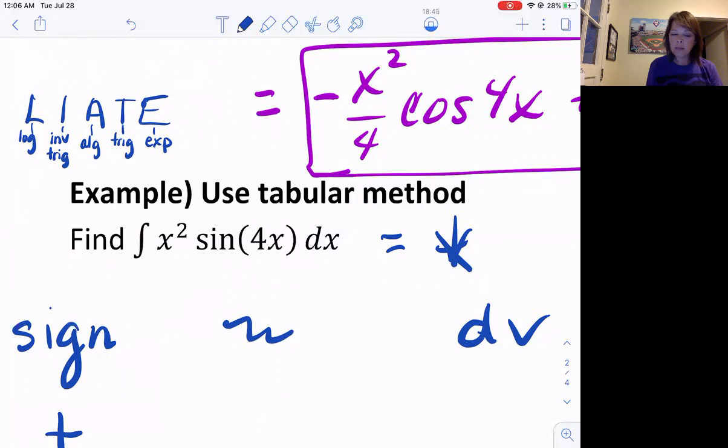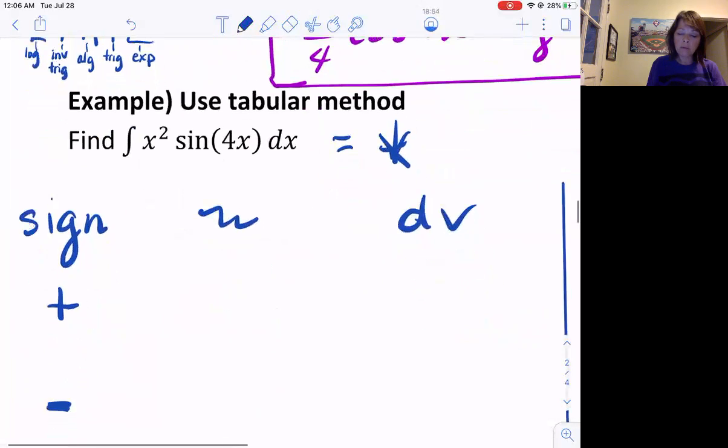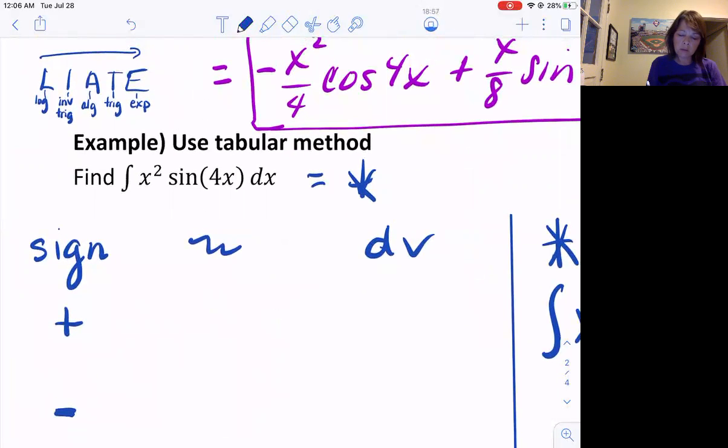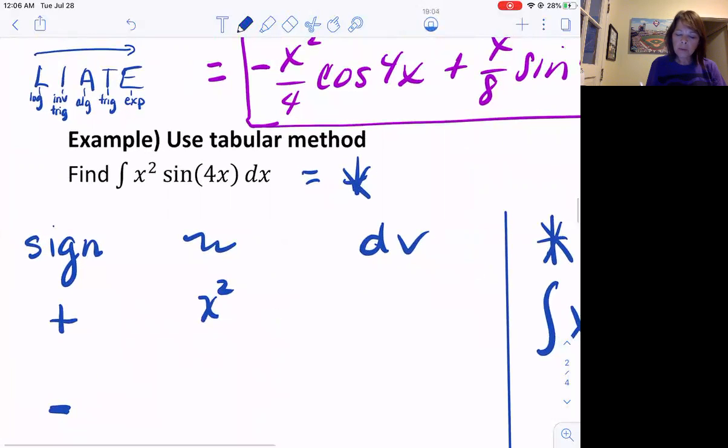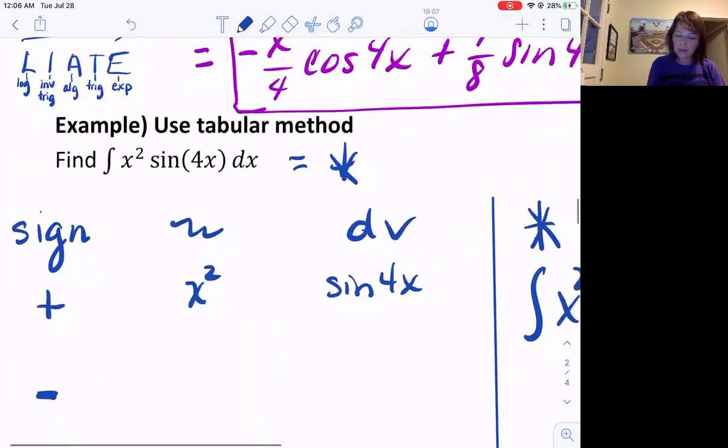So you go with this hierarchy of choosing your U, starting with logarithms on down to exponential functions.